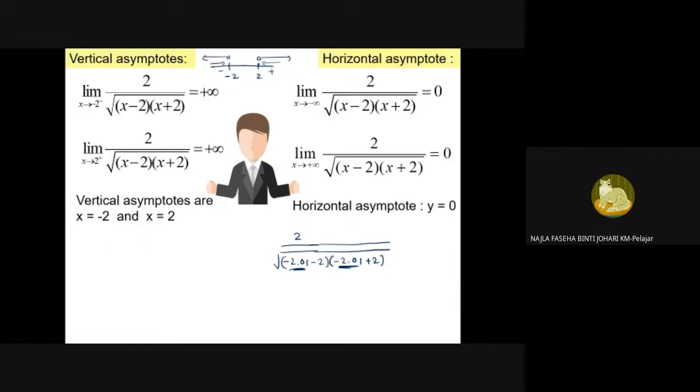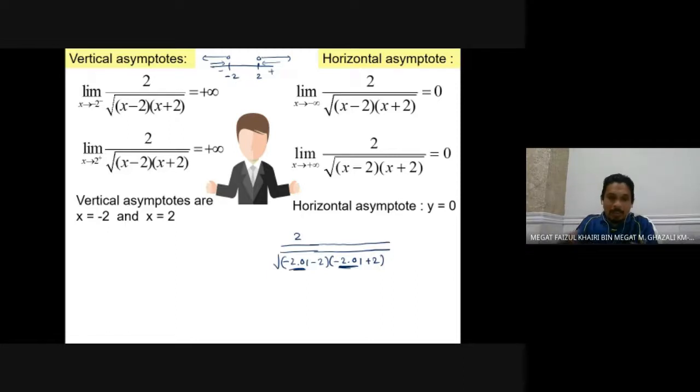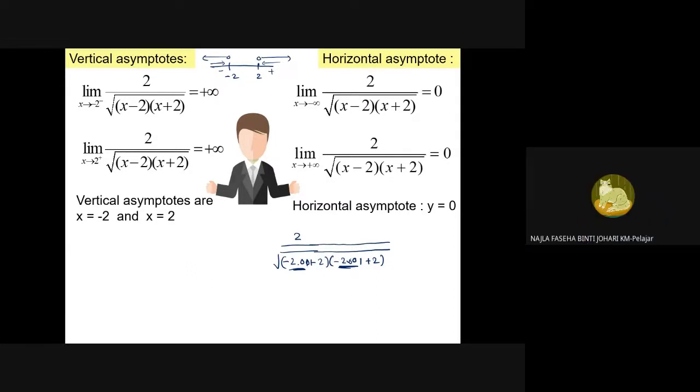9.98. Okay, good. Adding up with 2.001. Tell me the result of this. 31.6.